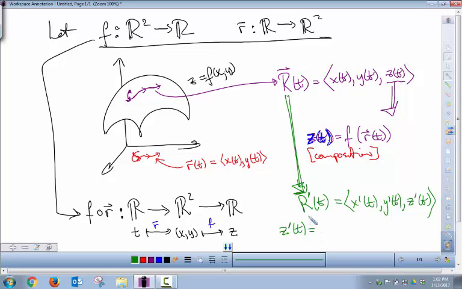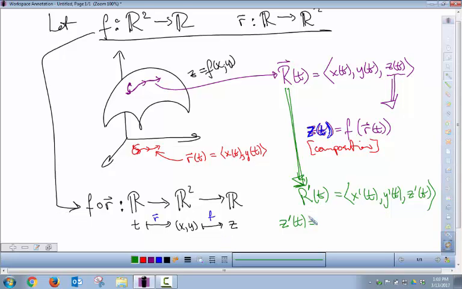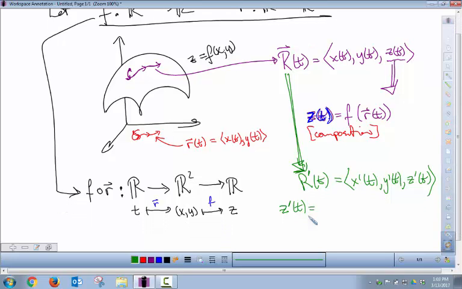So how do you take derivatives of compositions? Chain rule, right? So let's look at the chain rule idea for this. Martha said f prime, right?